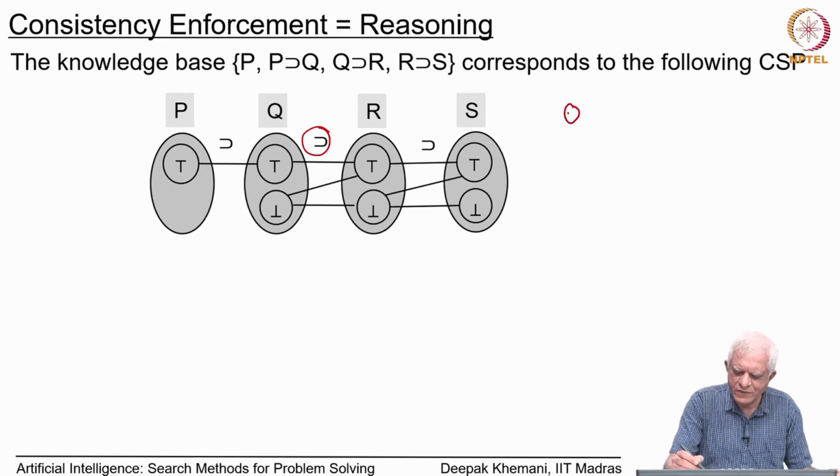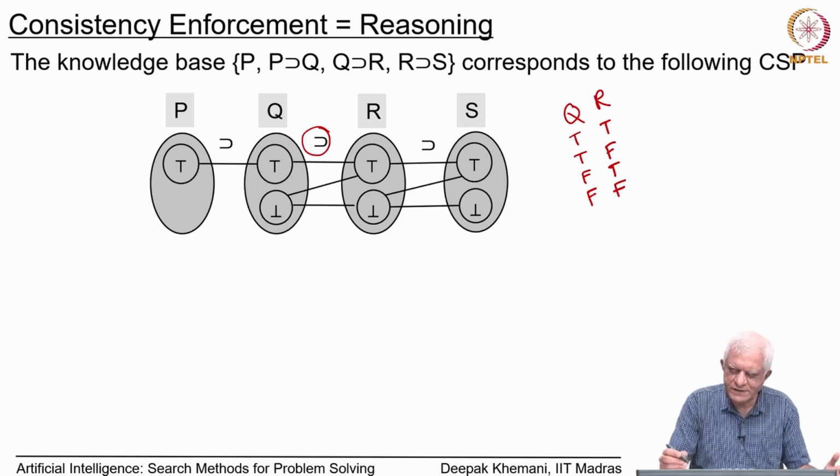So, if you write Q, so this is true, true, false, false, and if you like R, true, false, true, false. So, I have written false instead of bottom, but I hope you are familiar with the terminology by now.